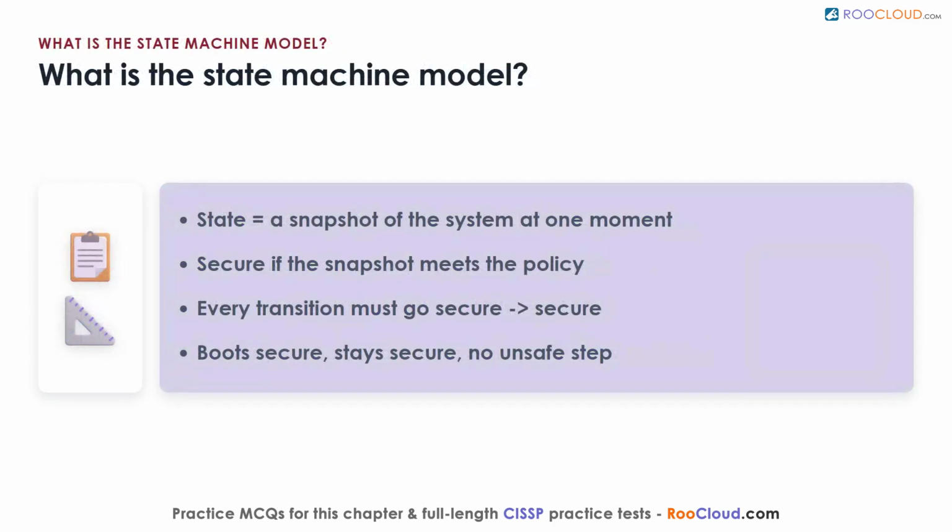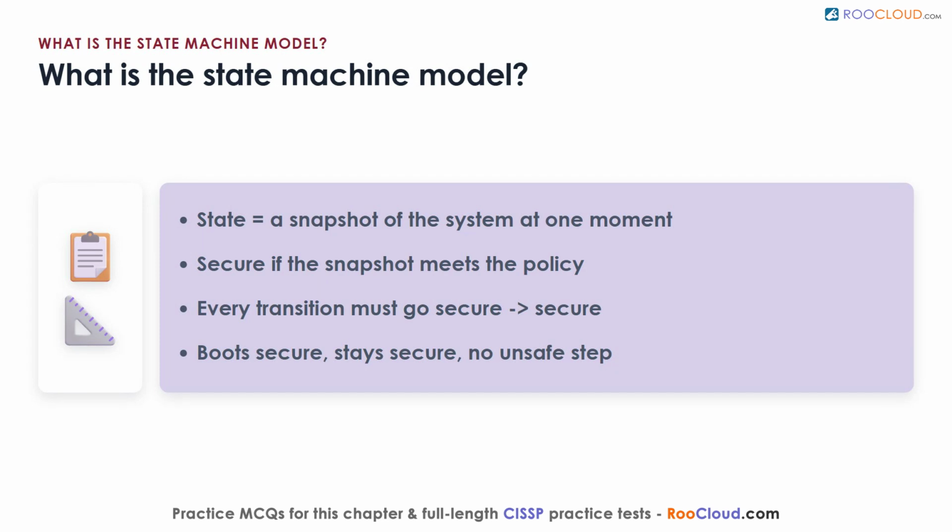What is the state machine model? It describes a system that stays secure no matter what state it is in. A state is simply a snapshot of the system at one moment, and if that snapshot satisfies the security policy, the state is secure. The system changes state through transitions, which happen when it takes input or produces output. The rule is strict.